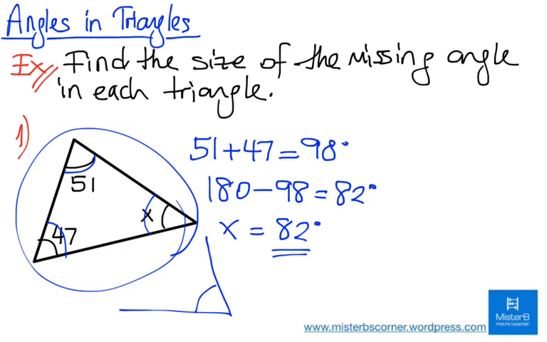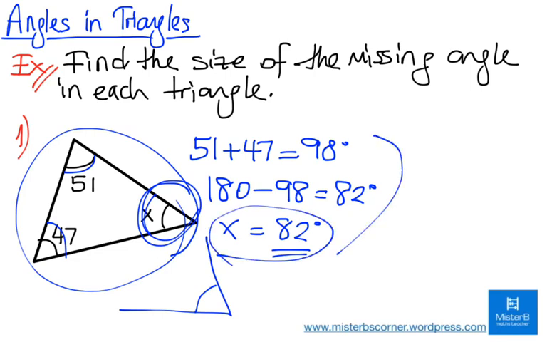So beware, don't look at this drawing and say, well, x doesn't seem like 82. No, if everything is correct here, do not get fooled by the drawing, all right? It is not accurate. This is very important. Now, this is one way of solving it. This is the arithmetic way.